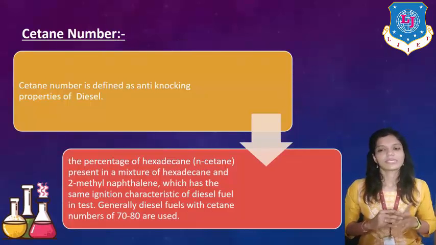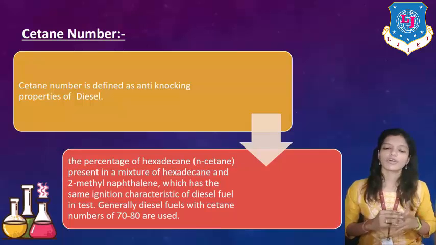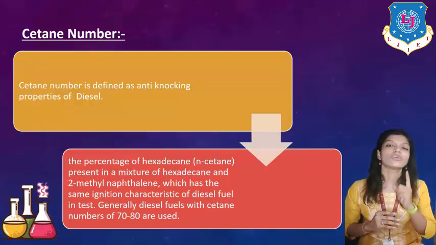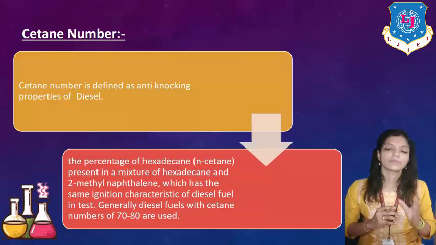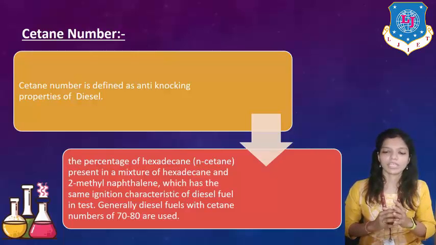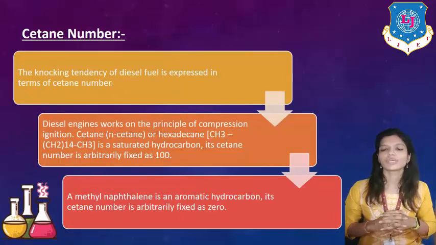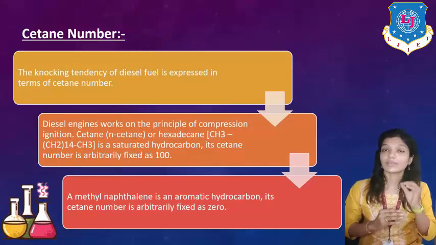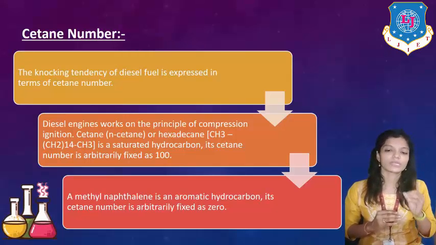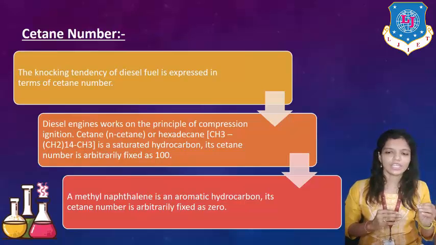Next is the cetane number. Cetane number is defined as the anti-knocking property of diesel. The percentage of hexadecane, that is n-cetane, present in a mixture of hexadecane and 2-methyl naphthalene which has the same ignition characteristic as the diesel fuel under test. Generally, diesel fuels with a cetane number of 70 to 80 are widely used in diesel engines, because diesel engines work on the principle of compression and ignition.